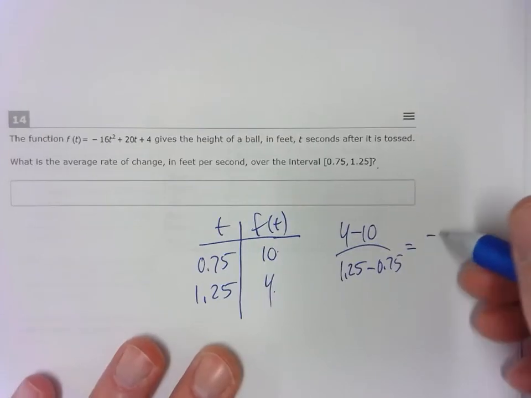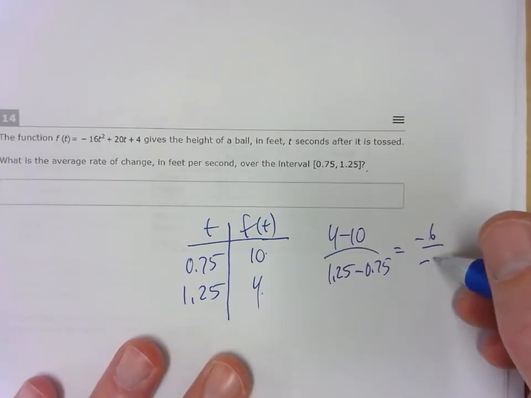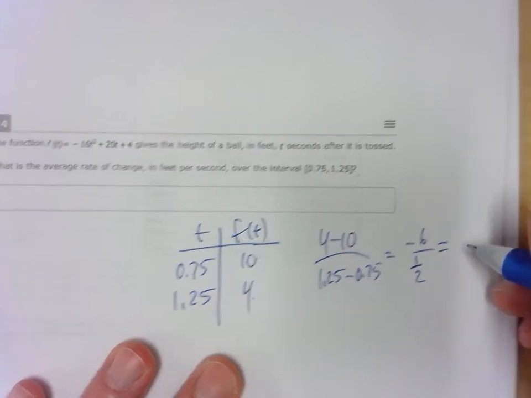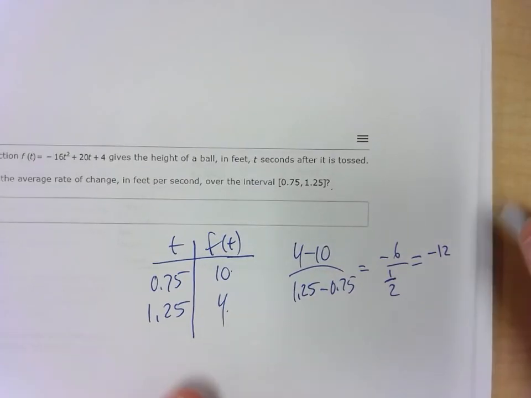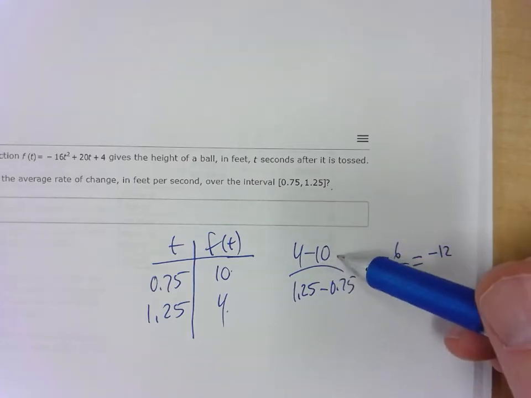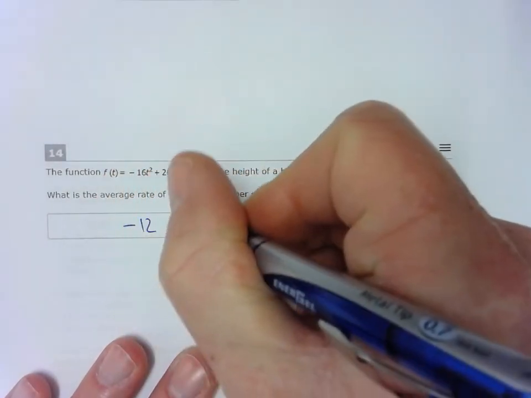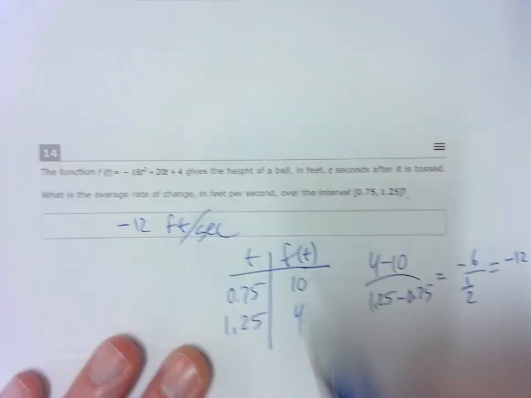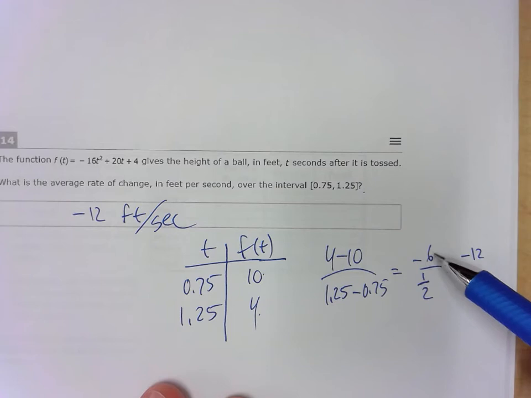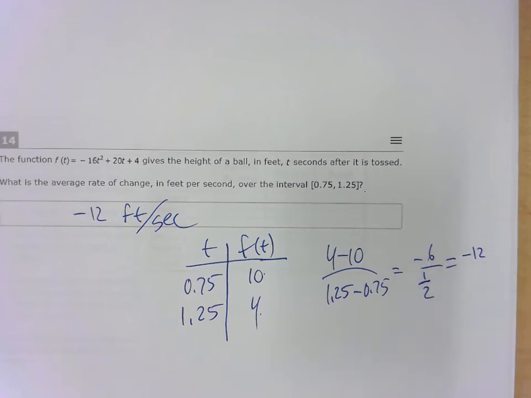So it'd be negative 6 over positive 1/2. And then you get negative 12. So it's going down at a rate of negative 12 feet per second. Because you do this divided by that, it's going to be negative 12.